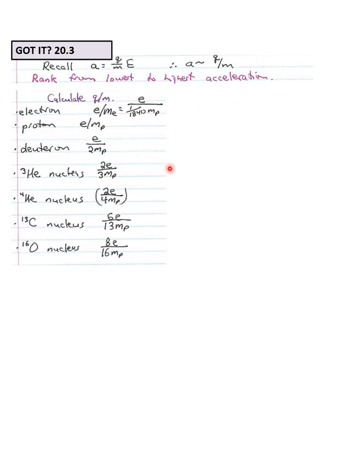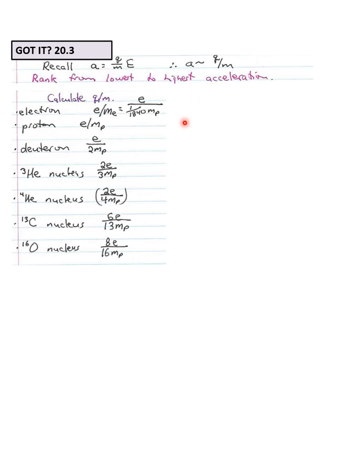So I've listed them all out here. It's notable that the mass of an electron is about 1 over 1840 times the mass of a proton, roughly equivalent. And as it suggests in the book, we're just going to assume that the mass of a proton and the mass of a neutron are about the same. And for purposes of this problem, that's an okay assumption to make. So we're going to do the charge per mass of each one.